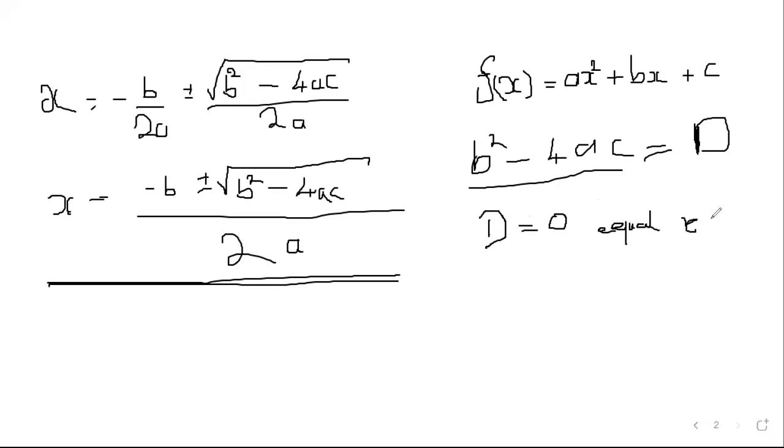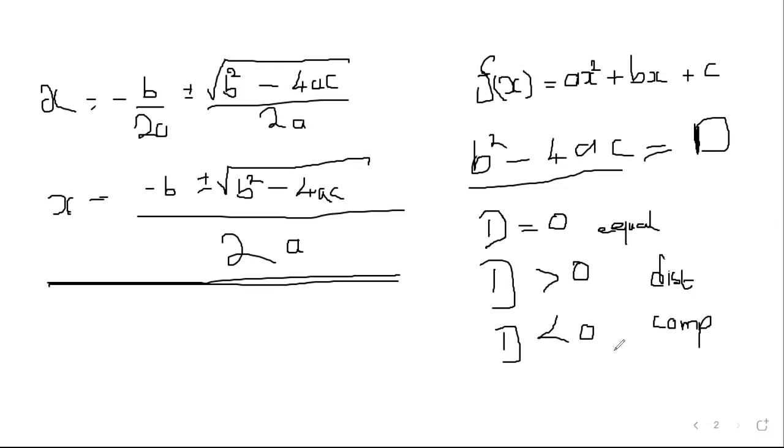When D is greater than 0, you have distinct roots. They will be real and distinct. When D is less than 0, you would have complex roots, complex conjugates.